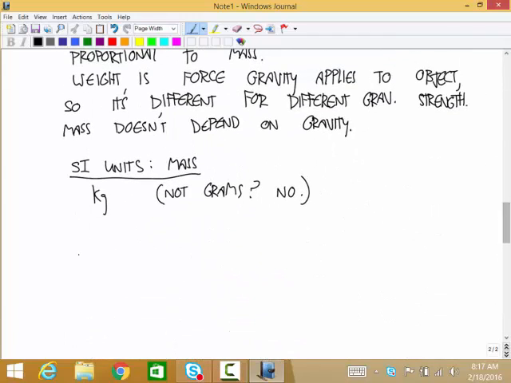Okay, so now we're talking about force. That's the hard one. Mass, remember, is a positive scalar. It's a positive number. That means mass doesn't have any direction. It's just a number. Force is a vector.